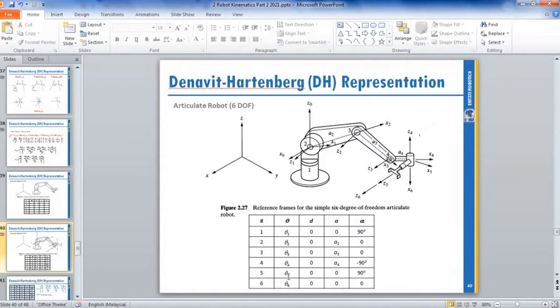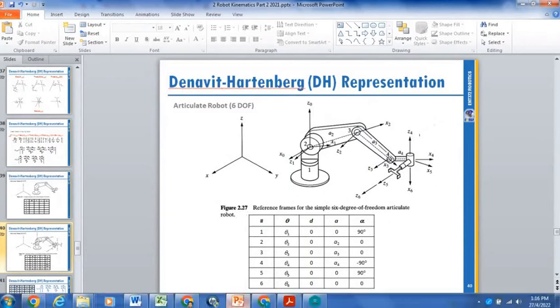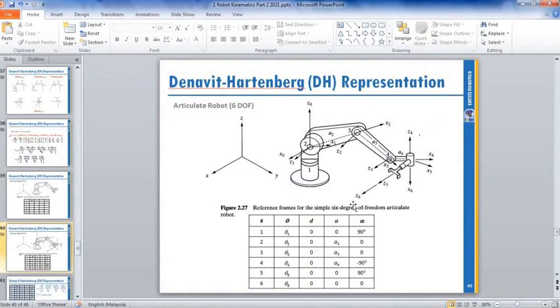But this, you have rotation on theta, Z axis. Joint number 6, you don't have any rotation, but you have rotation on the gripper. So now you have a complete DH parameter table for a 6 degree of freedom robotic arm.